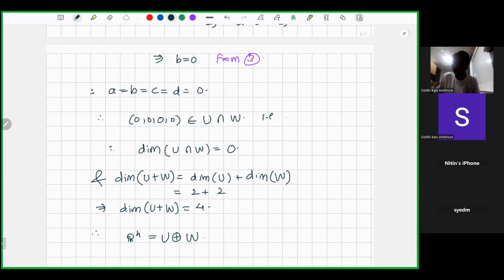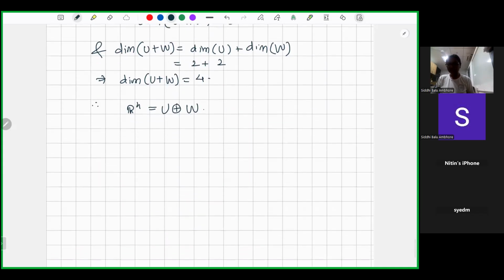Let me write it here explicitly. U intersection W is just this element 0 0 0 0. And now that we have that, the dimension of U plus W is the dimension of U plus the dimension of W, and therefore the dimension of U plus W becomes 4.